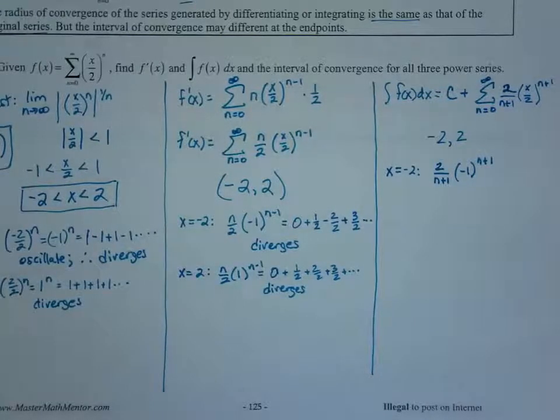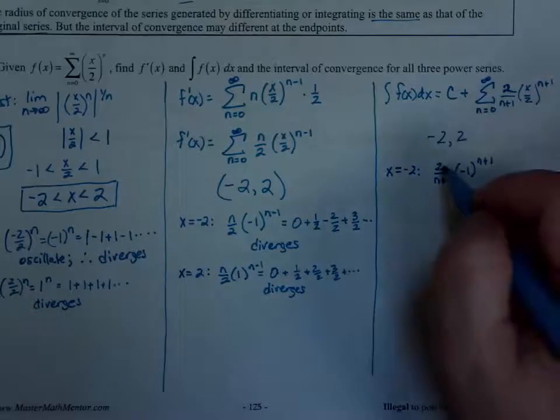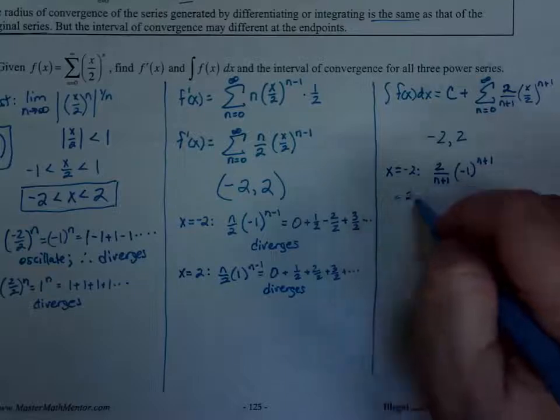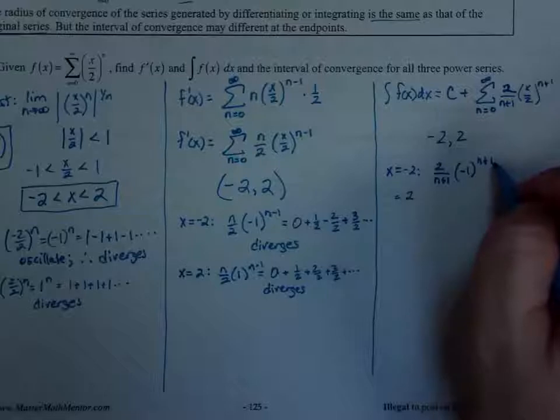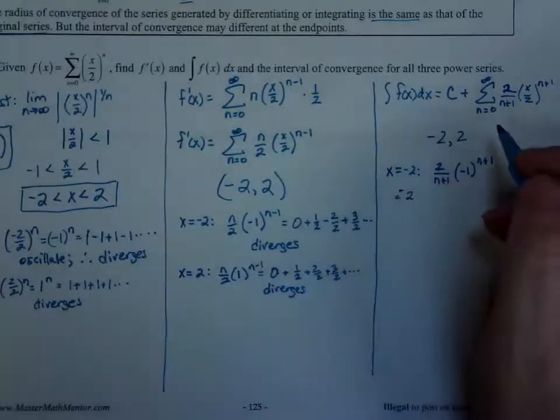I think I'm going to write that out a little bit. So it's starting at 0. 2 over 1 is 2. And this is going to make it a positive or negative. Let's see. 0 plus 1 is 1. So -1 to the first is a negative. So that's -2 really.